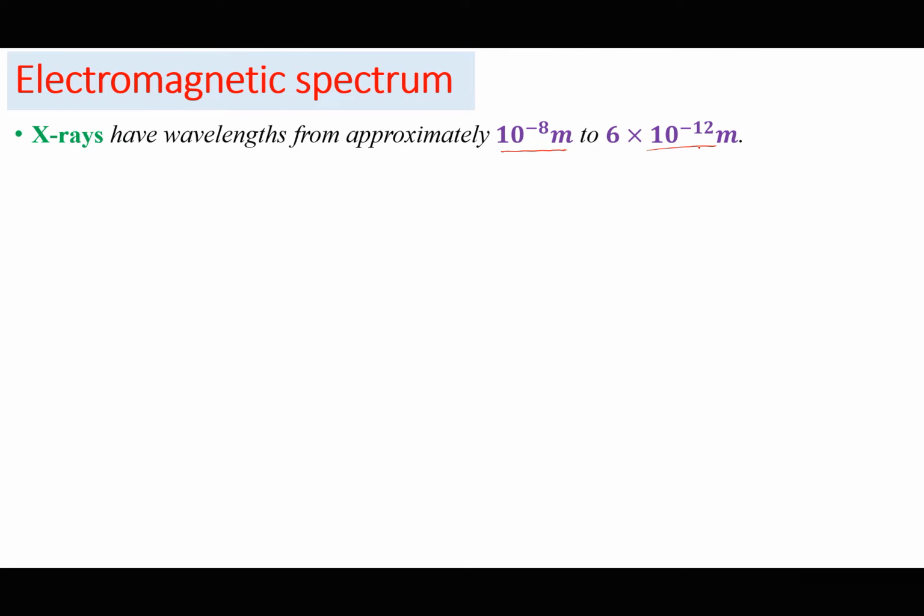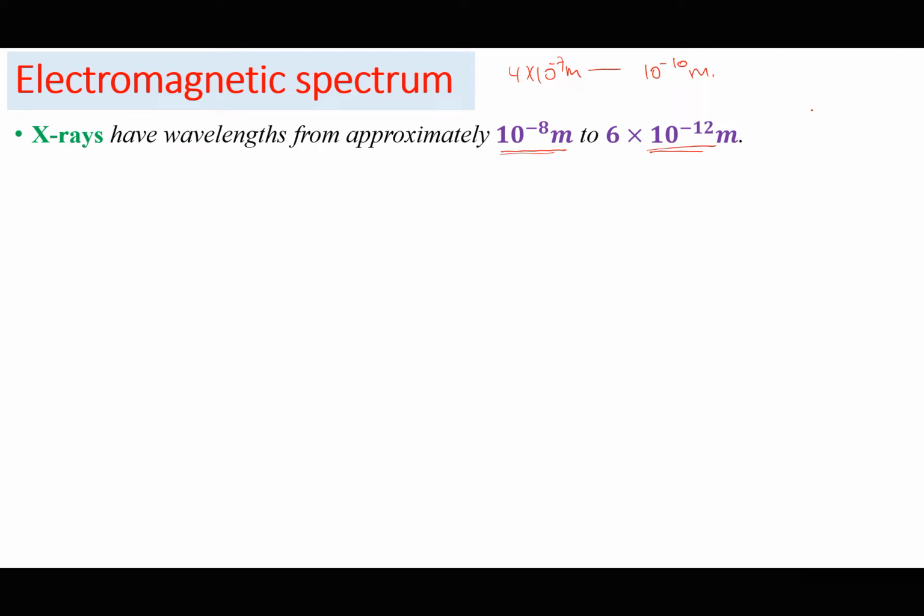I want you to notice the overlap. We saw that for UV light it was between 4 times 10 to the power of minus 7 meters up to around 10 to the power of minus 10 meters. And for X-rays it is 10 to the power of minus 8 to around 10 to the power of minus 12.